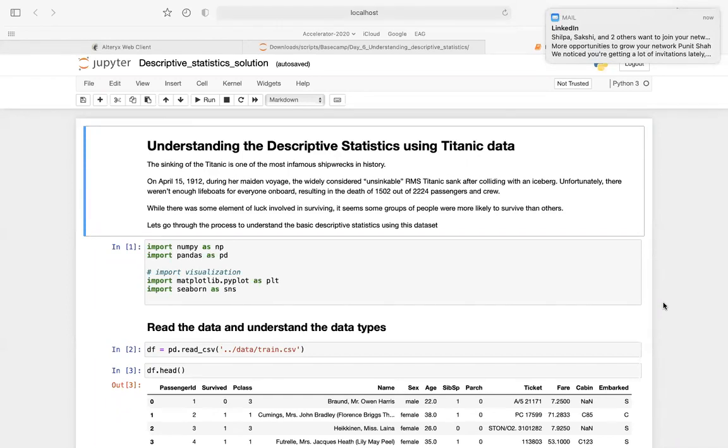The sinking of the Titanic is one of the most infamous shipwrecks in history. On April 15th, 1912, during her maiden voyage, the widely considered unsinkable RMS Titanic sank after colliding with an iceberg.